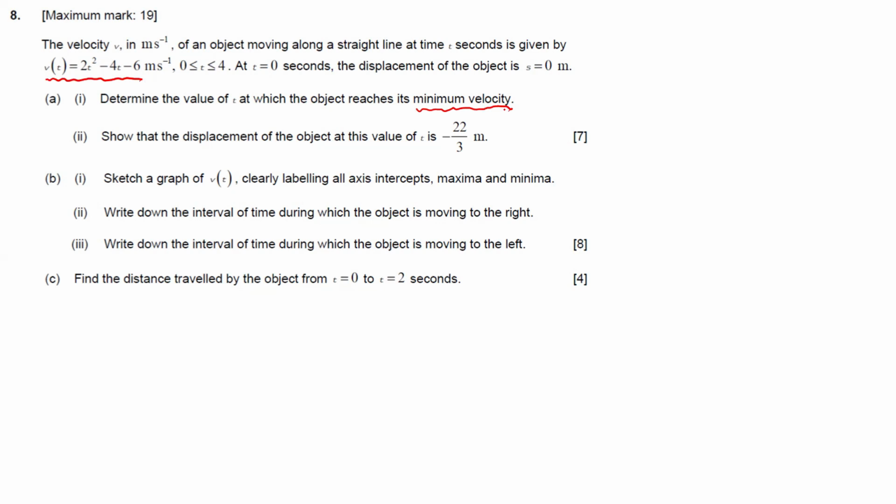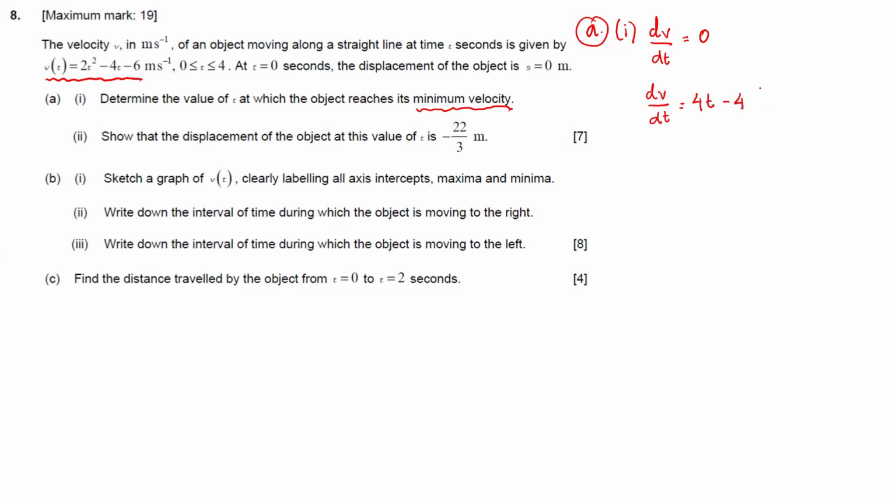So what to do right here? We have to do the derivative. So for part 1, we have to find dv/dt, and then we need to make it equal to 0 to find the minimum or maximum. Gradient equals 0. First, what is dv/dt here? This is still simple for us to derive. dv/dt equals 4t minus 4.